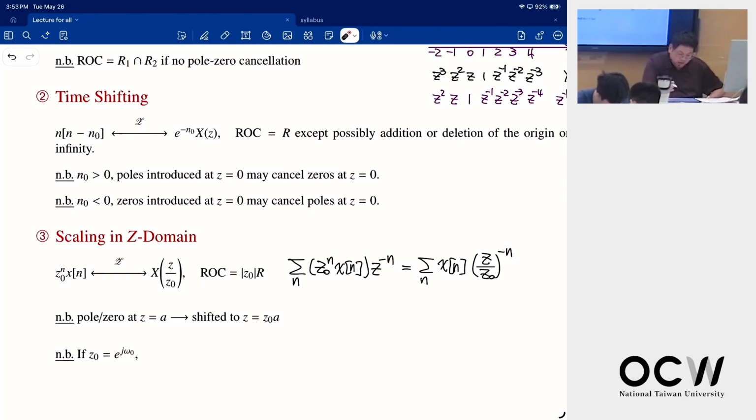So if I have a pole or zero at z equals a, then I will shift to z equals z naught times a for the regions of convergence.